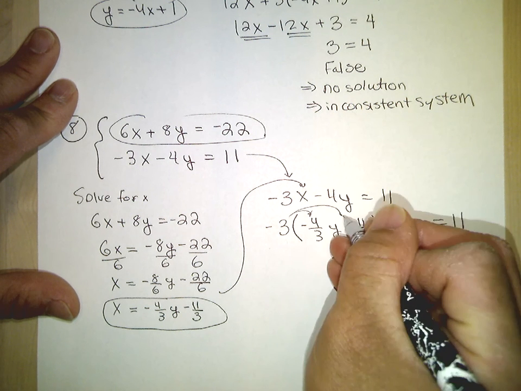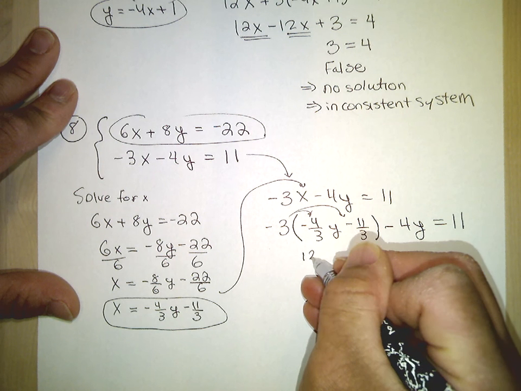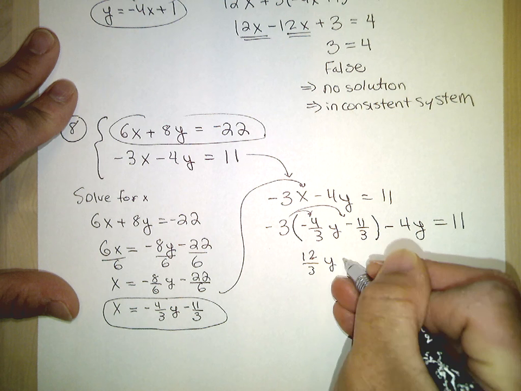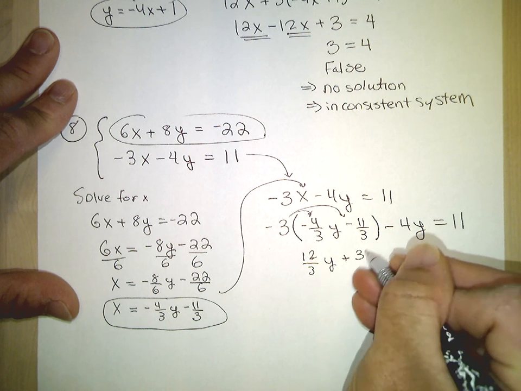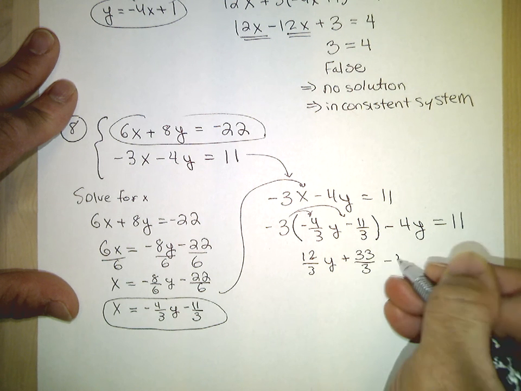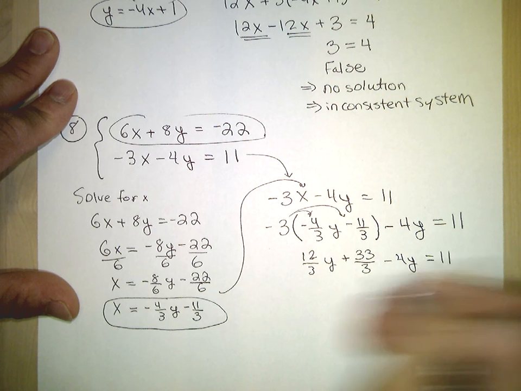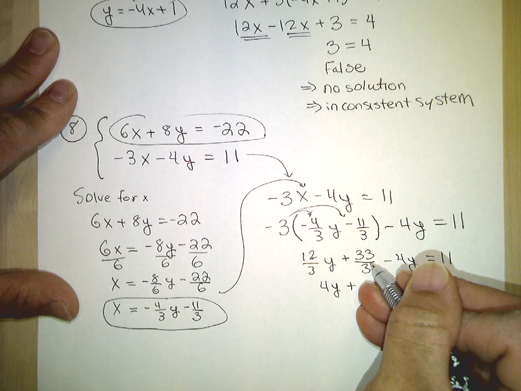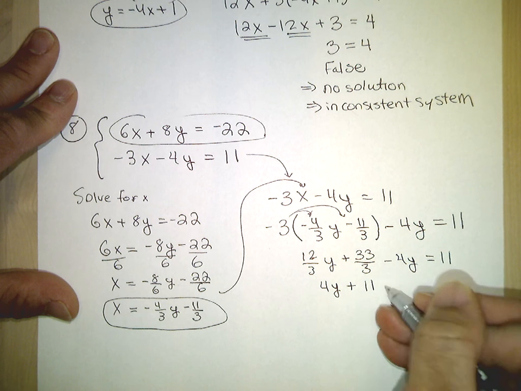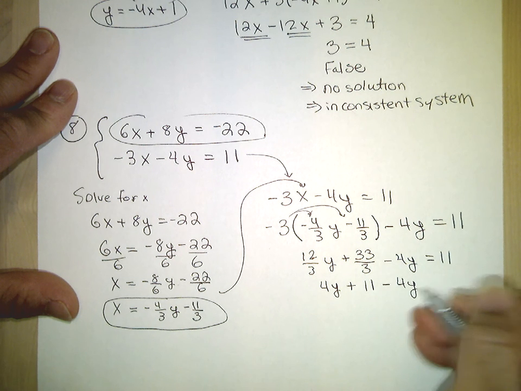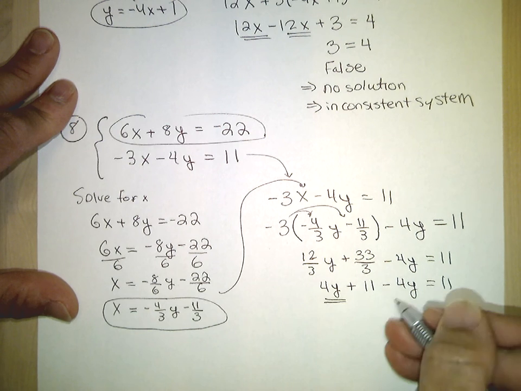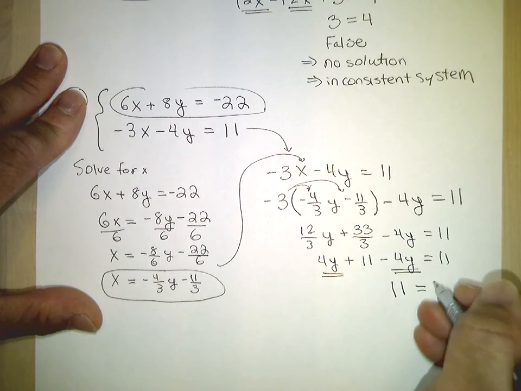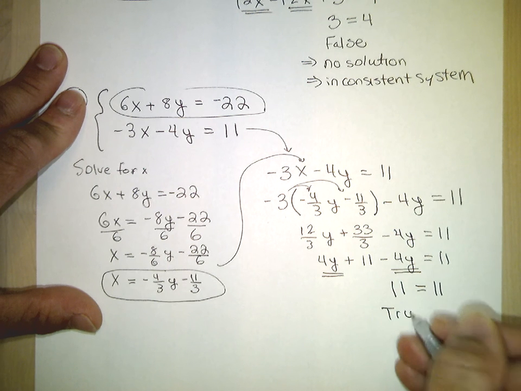Distribute the negative 3, so I have 12 over 3y plus 33 over 3 minus 4y equals 11. 12 over 3 is 4, so 4y. 33 over 3 is 11. Minus 4y equals 11. 4y minus 4y is 0. So we have 11 equals 11, which is a true statement.